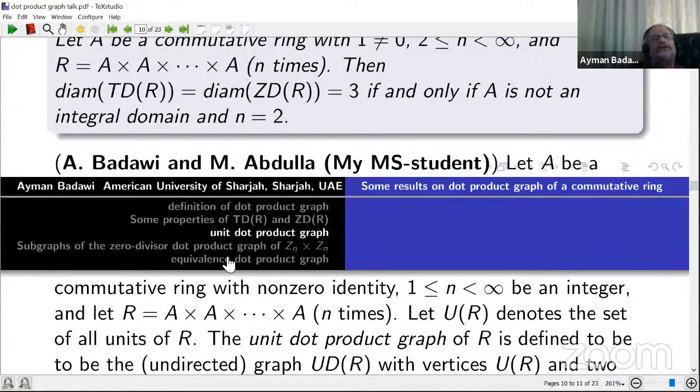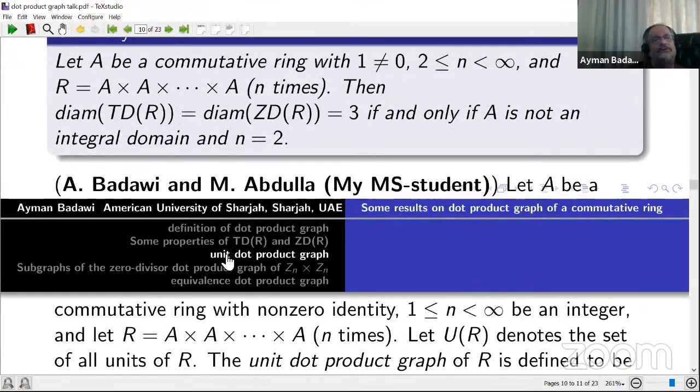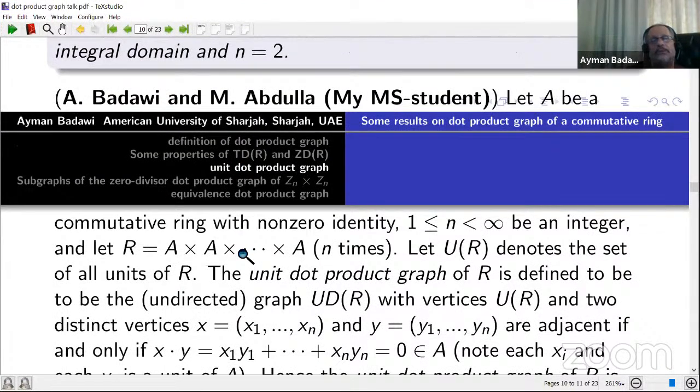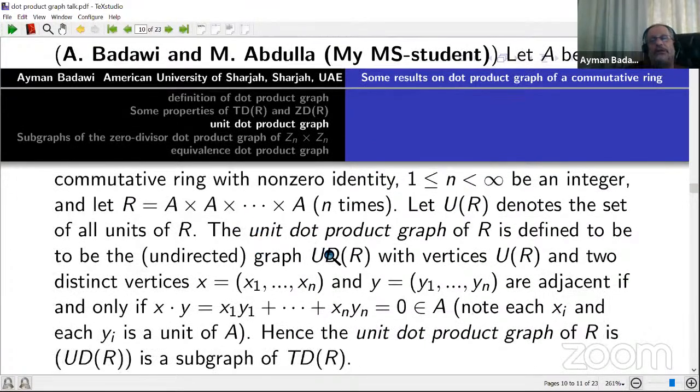Remember, we studied the total dot product and the zero dot product. What about the unit dot product? In the same setting, if you take R to be n copies of A product, and you look at the units of R, then we can define the unit dot product.